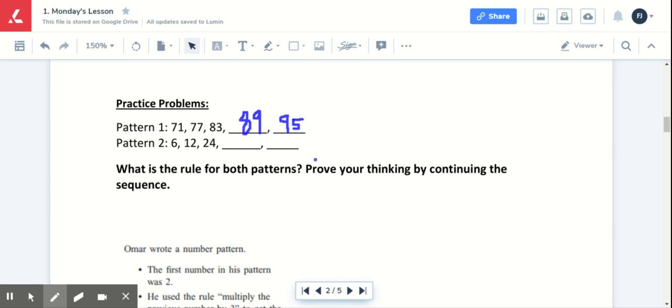We know that 6 times 2 is 12, and we know that 12 times 2 equals 24. So this should tell us that our rule here is going to be to multiply by 2. 24 multiplied by 2 is 48. And 48 multiplied by 2 is 96.